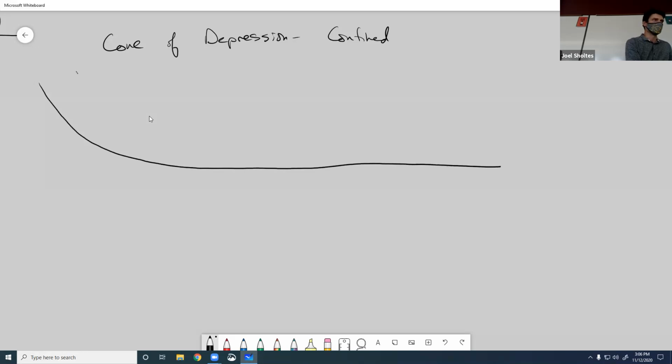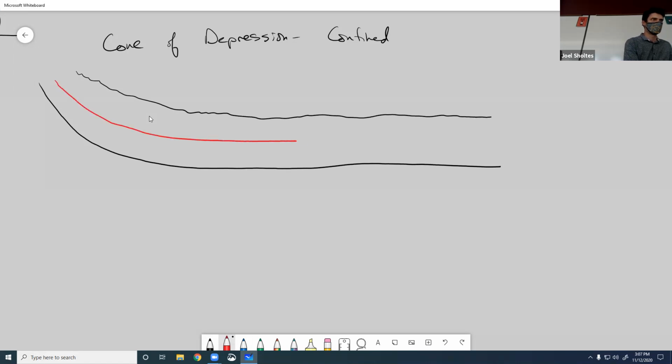So this will be our ground surface. We'll have some sort of aquitard. I'm going to make it red. So that's our aquitard. And then this would be another aquitard at the bottom of that. So here's our aquifer, our confined aquifer.